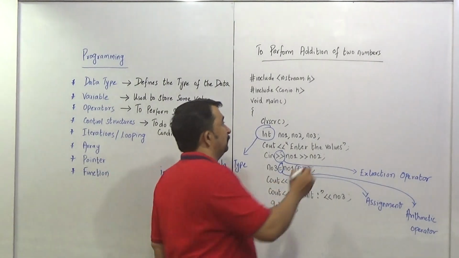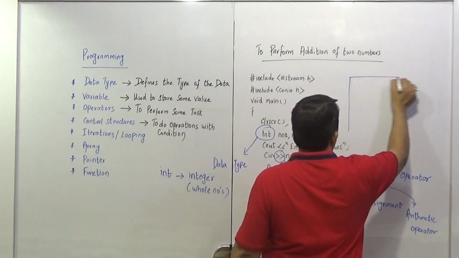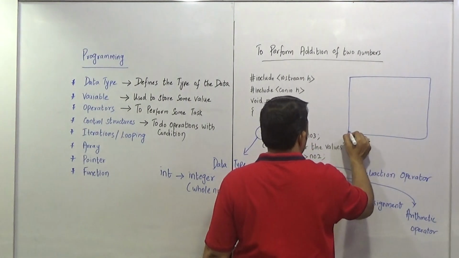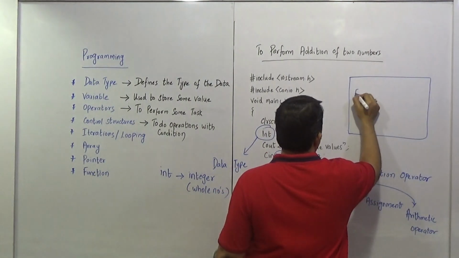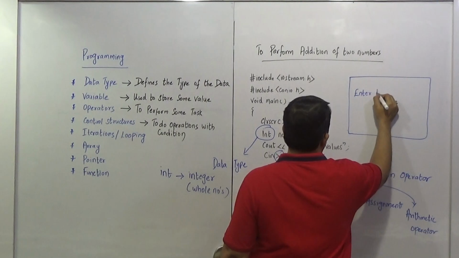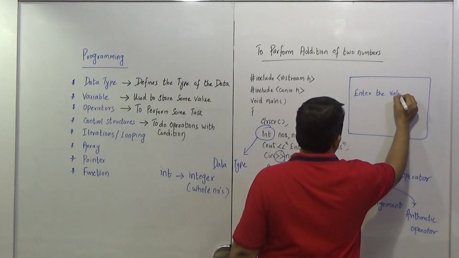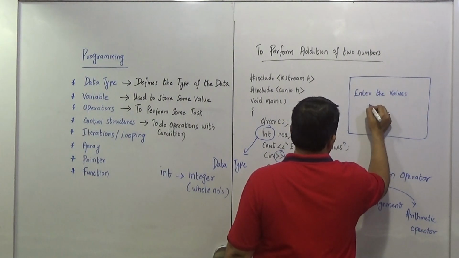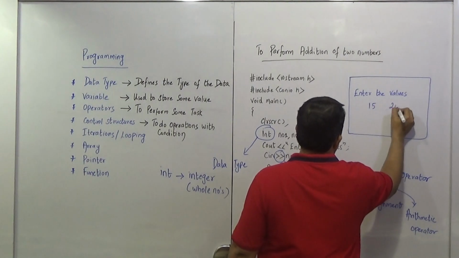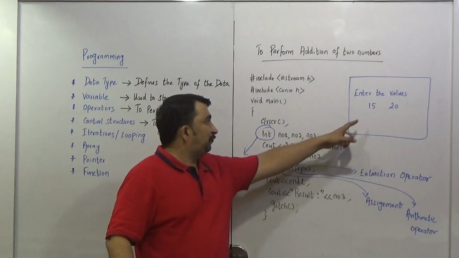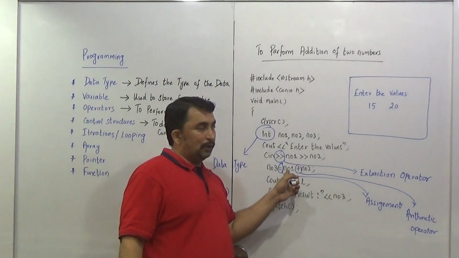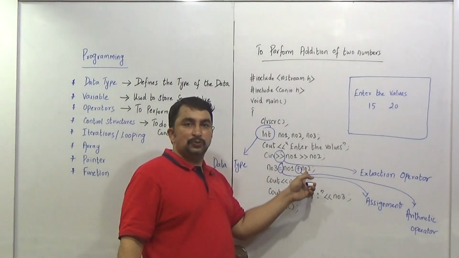Say for example, this is the output window. It will display like this: enter the values. Suppose you enter 15 and 20. This 15 will be initialized to number 1 and this 20 to number 2.